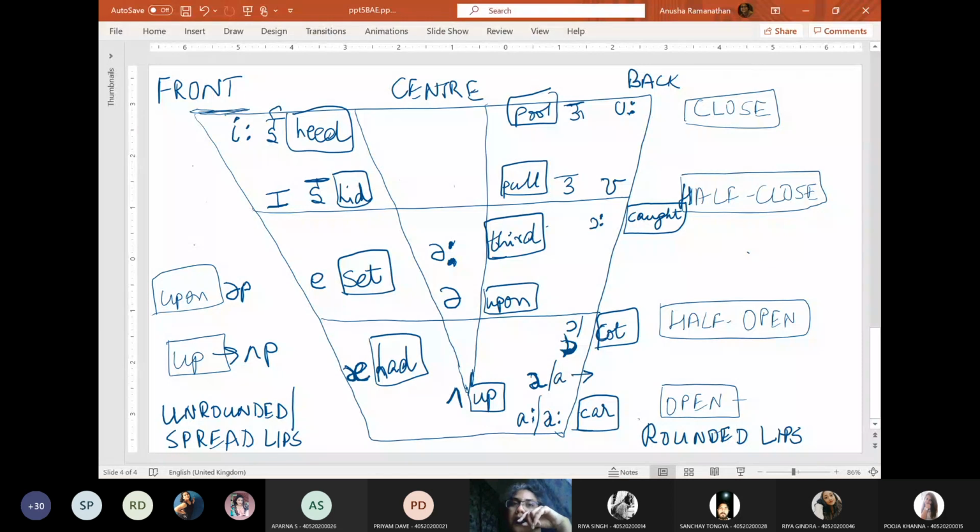This is your R sound without the car or anything. So it may be any word which would have an R sound, but without that elongation. Can you give me any word for it? R without elongation.